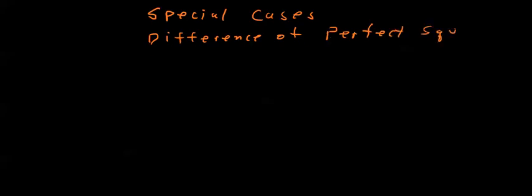The first special case is difference of perfect squares. This is the easiest thing to factor. If I have 4x squared minus 9, difference is subtraction, 9, not 9x, just 9.